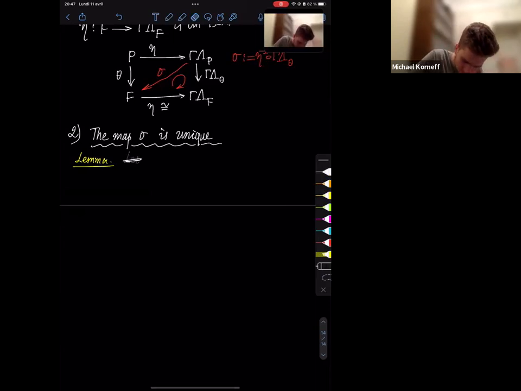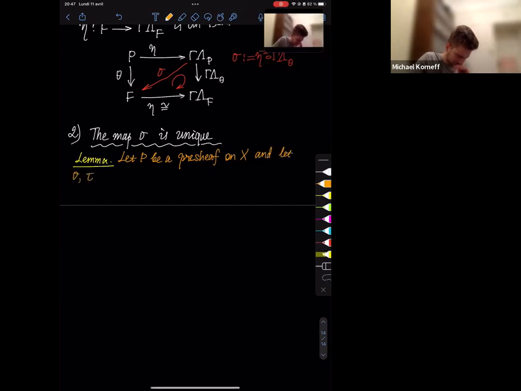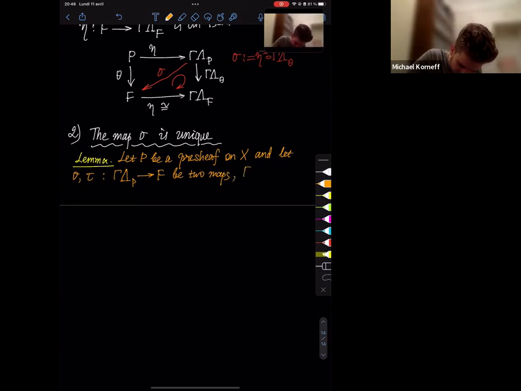Let P be a presheaf on X, and let sigma and tau be two maps, natural transformations into a sheaf F, a sheaf on X, of course.